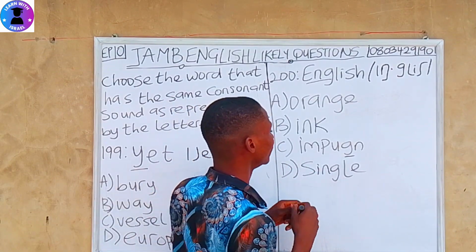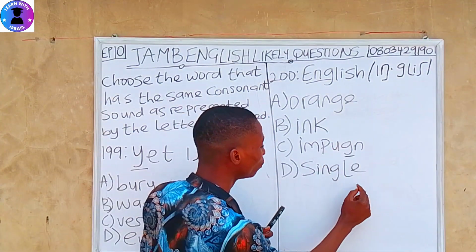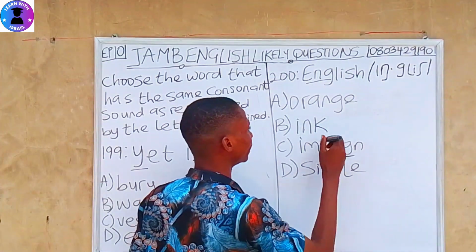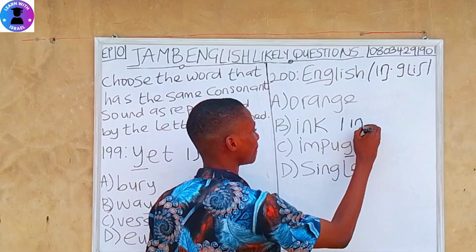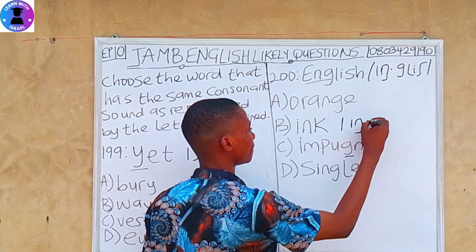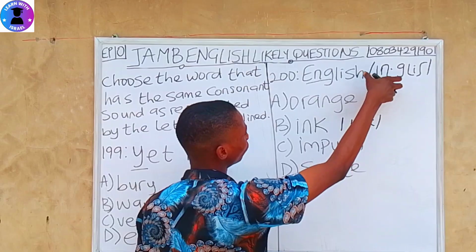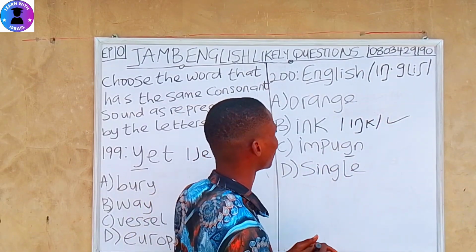English, single, ink, sing. It is different. The one that goes with English is ink. As you can see, they both have the same consonant sound. Ink is the correct answer.